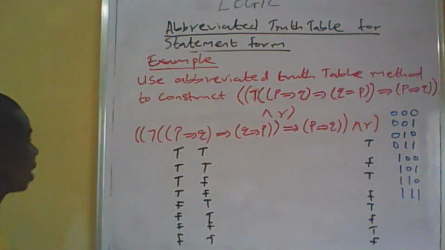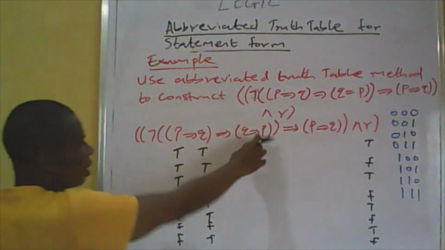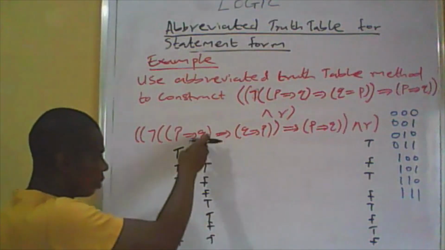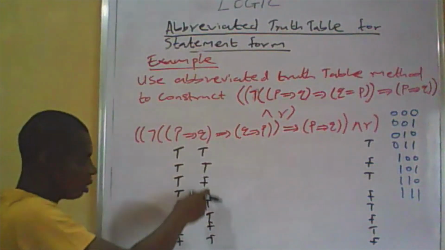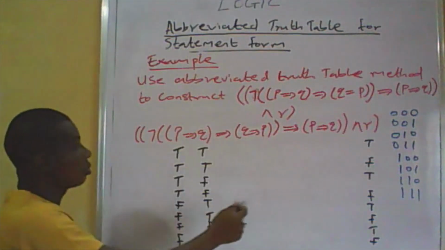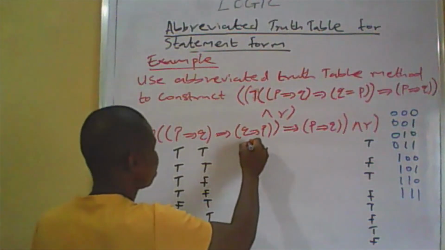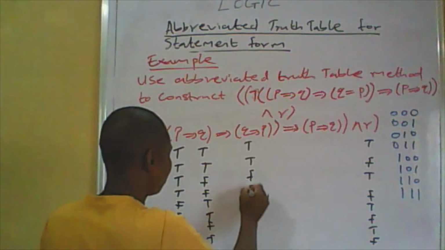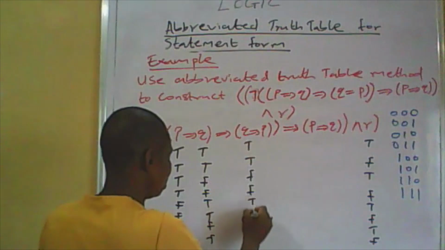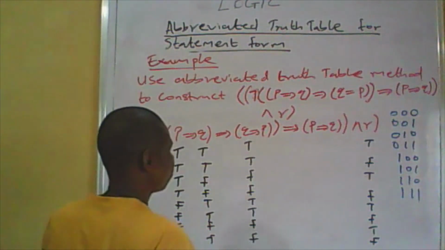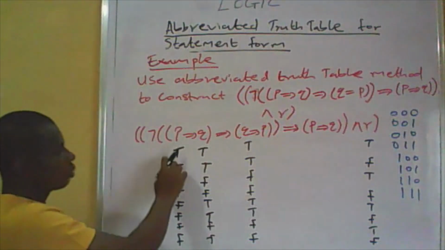So that is that. Then repeat it to the other simple statements, where we repeat the same truth values under Q to this Q here. We have T, F, T, F. Repeat the same thing for P, this P here to this one.